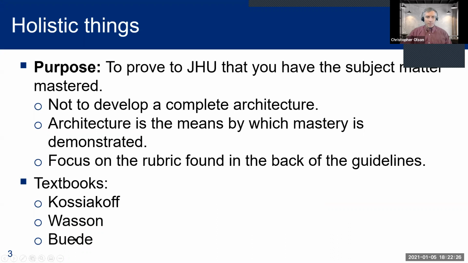Dennis Buede is the next textbook. It's a bit drier than the other ones. You probably already know that at this point. But the requirements analysis chapter in that book is really good. So take a second look at the requirements analysis chapter in that book.